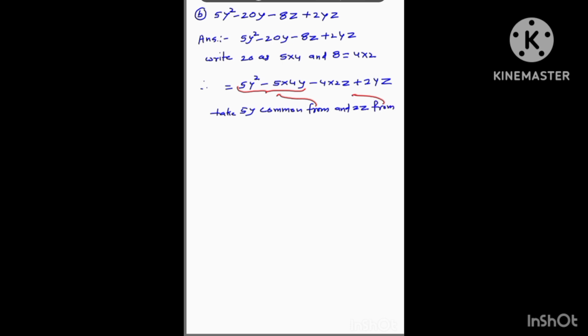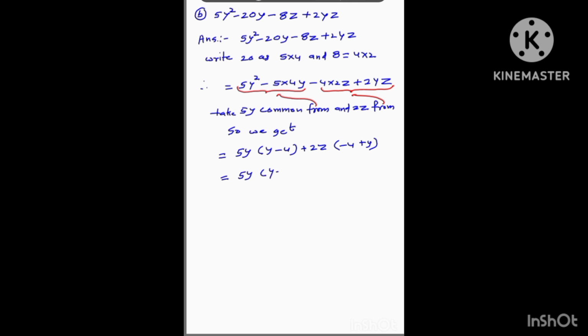Okay, that's it. So if you take it, we get 5y common, into the bracket y minus 4, and here if you take 2z common, then again minus 4 plus y, that is again y minus 4, both the brackets are same.